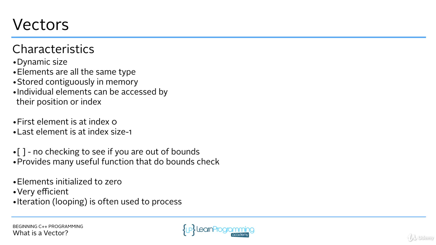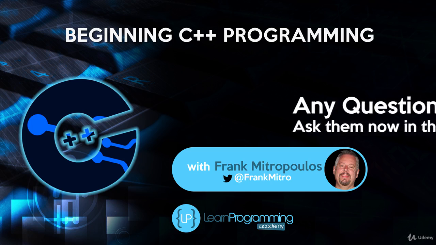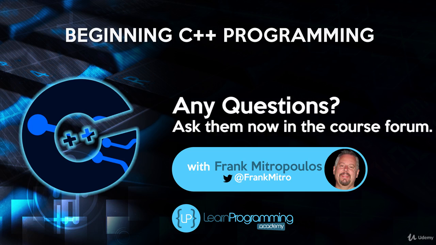So if you declare a vector of 10 integers, these integers will be initialized to 0. They won't contain garbage. Vectors are very efficient. And finally, we commonly use iteration or looping to process vectors just like we do in arrays. Later in this section, we'll talk about C++ vectors. In the next video, we'll look at how we can access individual vector elements, and we'll also see a few of those useful vector functions I mentioned.